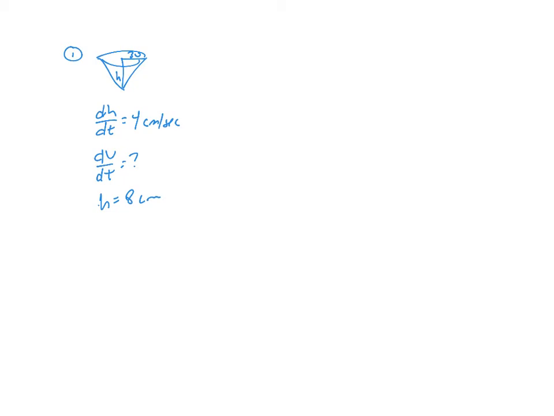So the relationship between volume and height of the cone is going to be 1/3 pi r squared h. But notice we're not getting into the rate of the radius changing. And they do give us this relationship here where the height is 10 and the radius is 30.